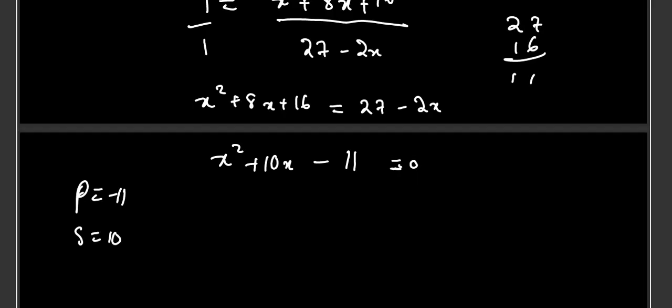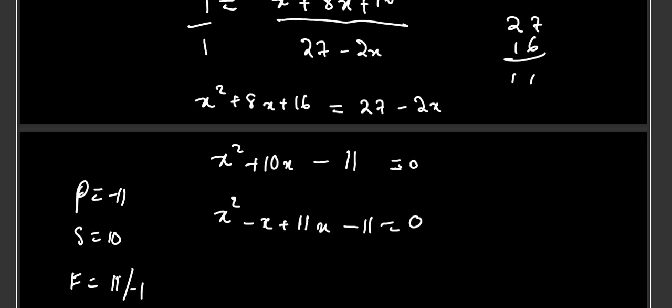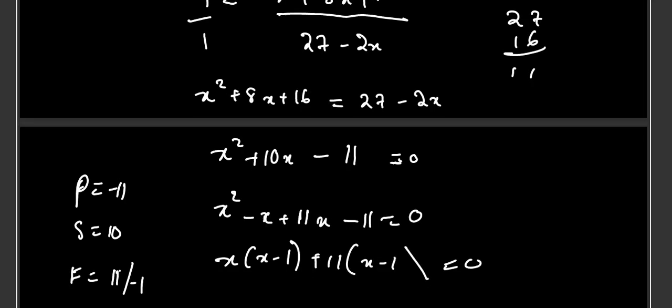The sum is just 10. What numbers can we use? We multiply, so this is going to be 11 and negative 1. This is x squared minus x, then plus 11x, then minus 11 is equal to 0. x times x minus 1 plus 11 times x minus 1 is equal to 0.